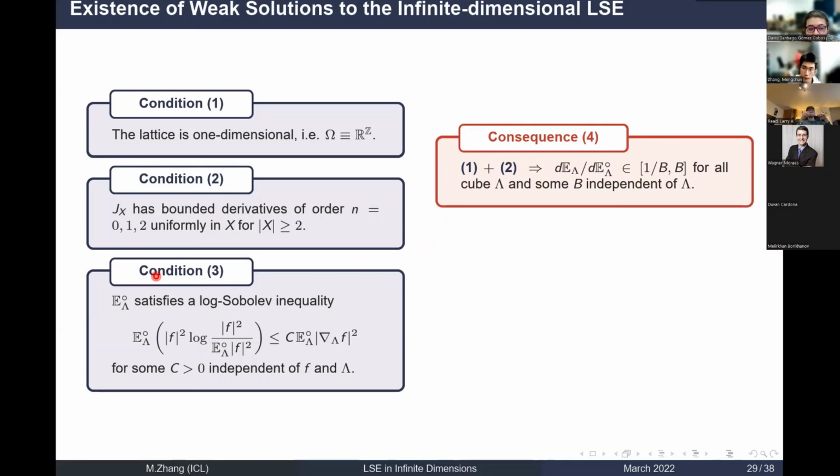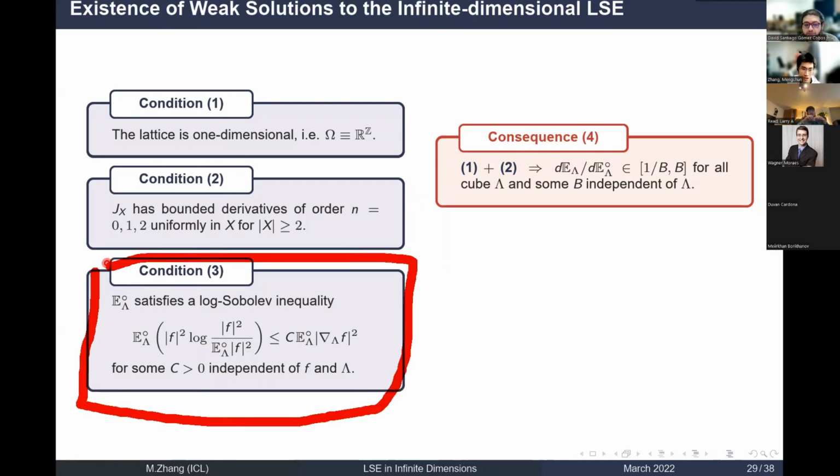I think if we have a one-dimensional lattice and if we have bounded interactions, then this will be very easy to satisfy. Just as Larry asked, we just need the potential to be strongly convex at every site in the lattice. Then you immediately have this condition 3.